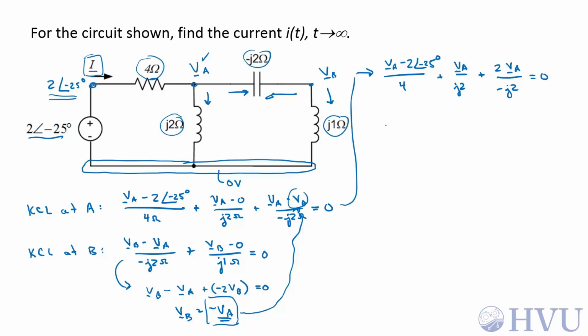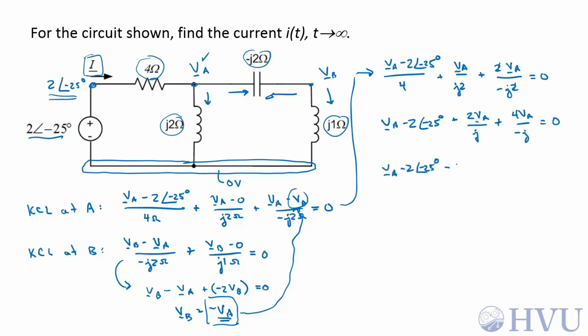So multiplying this through by 4, V sub A minus 2 at an angle of minus 25 degrees plus, let's see, 4 times this over 2 would be 2 V sub A over J. Multiplying this through, that cancels with that. That becomes a 4 V sub A over minus J is equal to 0.